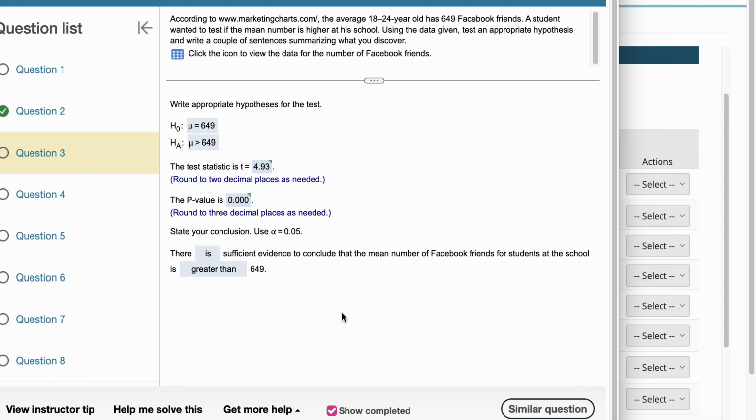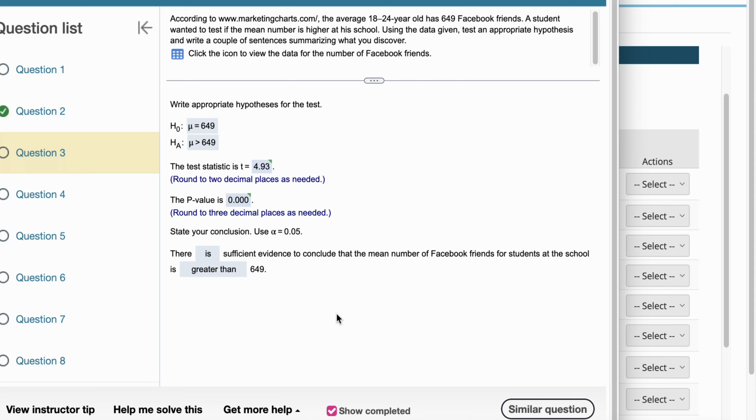So there is significant evidence to conclude that the mean number of Facebook friends at this school is greater than 649. Well, I hope going over these 2 homework problems gives you a good idea that there are 2 possible ways that hypothesis can be tested for population means.